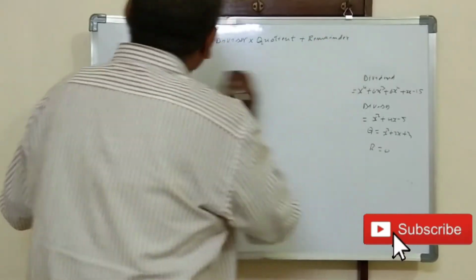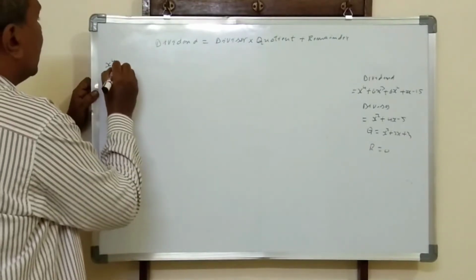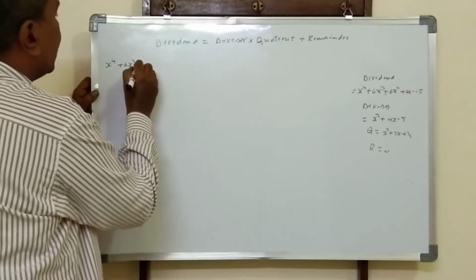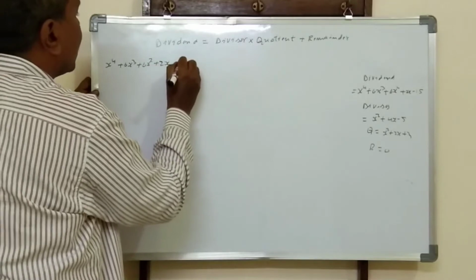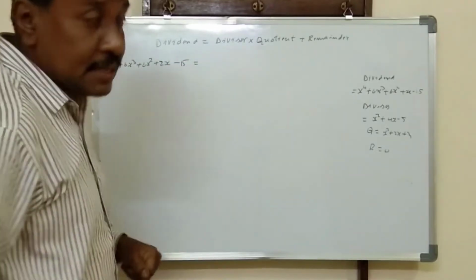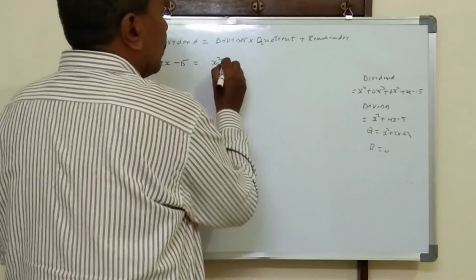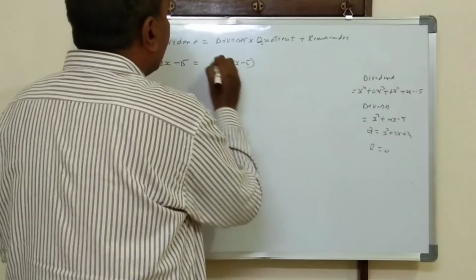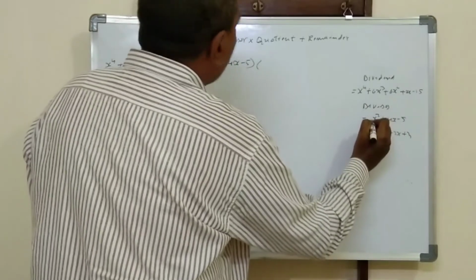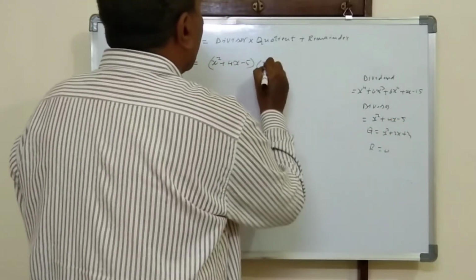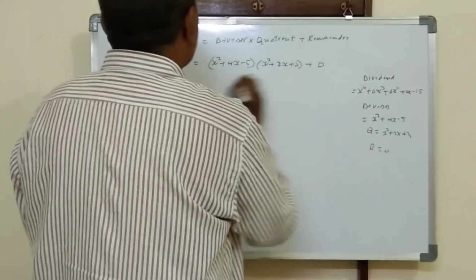So LHS is the dividend, x power 4 plus 6x cube plus 6x square plus 2x minus 50. Now RHS, right hand side: divisor x square plus 4x minus 5 into quotient x square plus 2x plus 3, plus remainder 0.